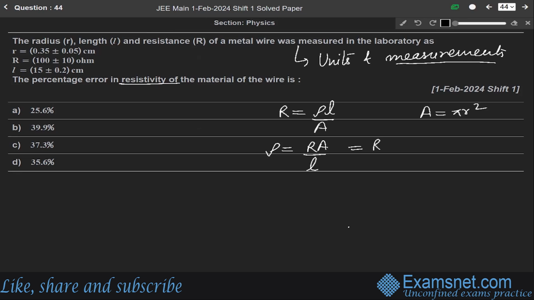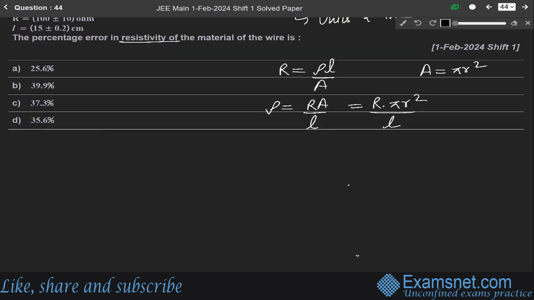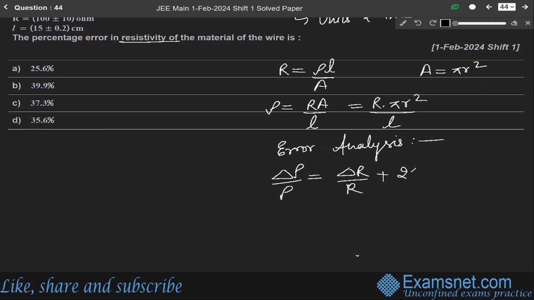So it will be equal to R into pi into r square over L. Now this pi is constant, and using error analysis, we write delta rho over rho is equal to delta R over R plus 2 delta r over r plus delta L over L.